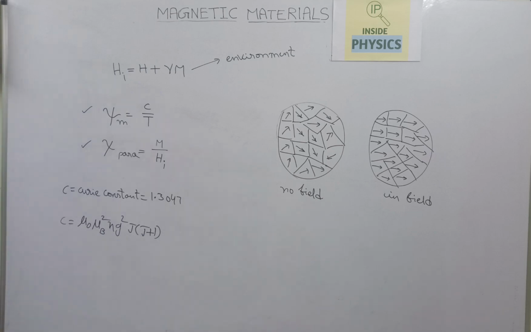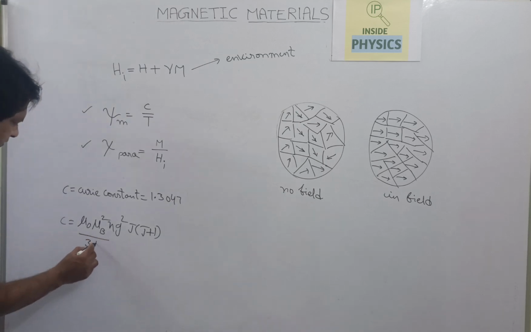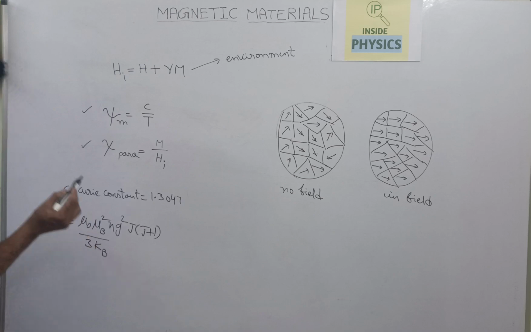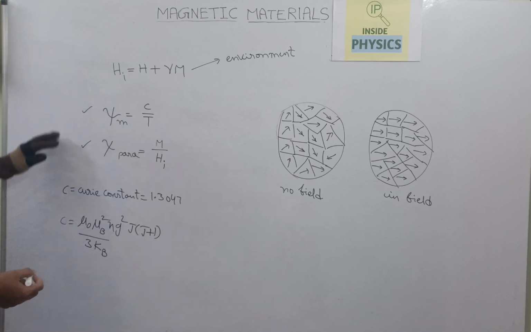This Curie constant can be calculated by understanding this relation. Here Kb is the Boltzmann constant.